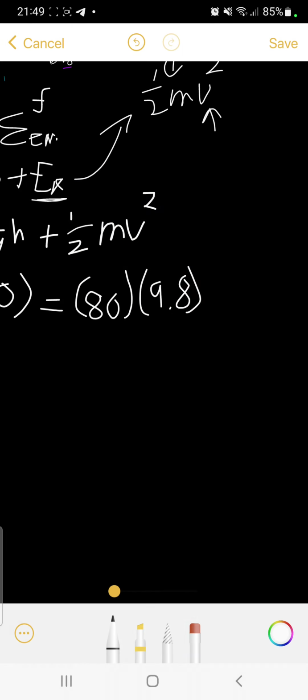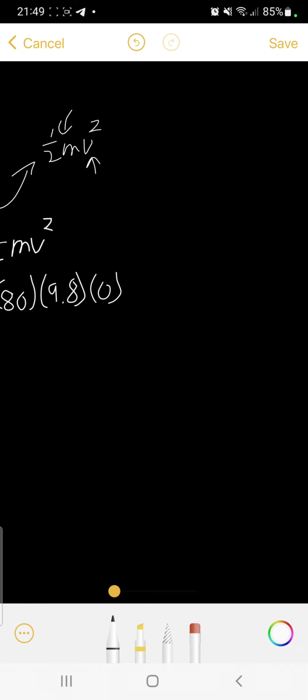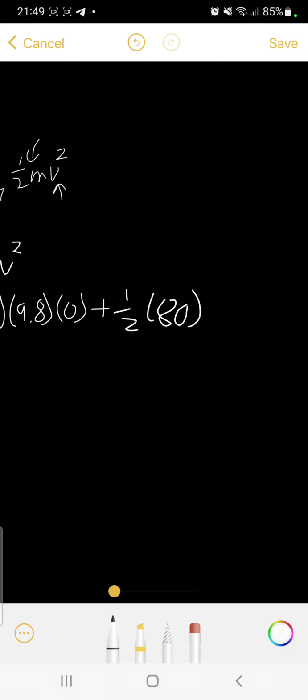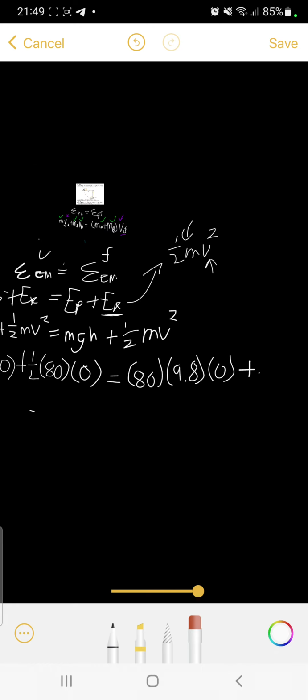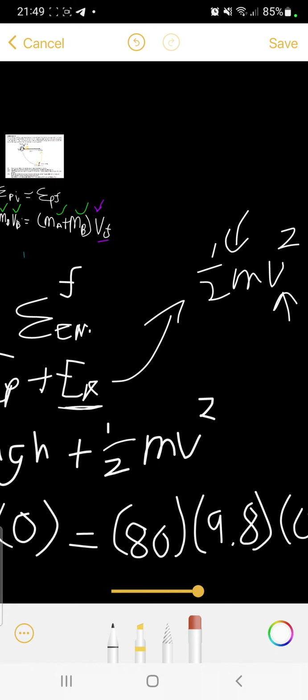Take it back to a white color. Our height is 0, plus obviously 1 over 2, our mass is still 80. Hold on. We don't even need to do this, because that's what we're looking for.